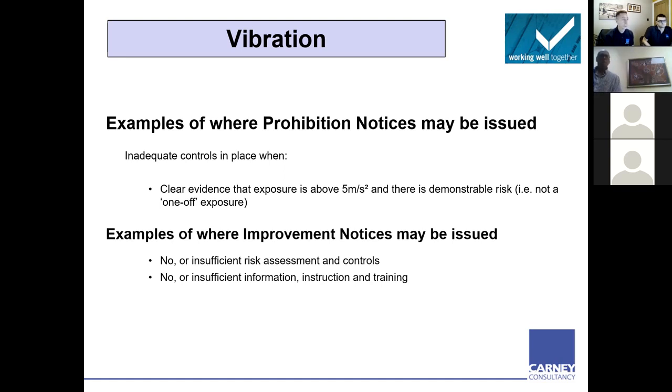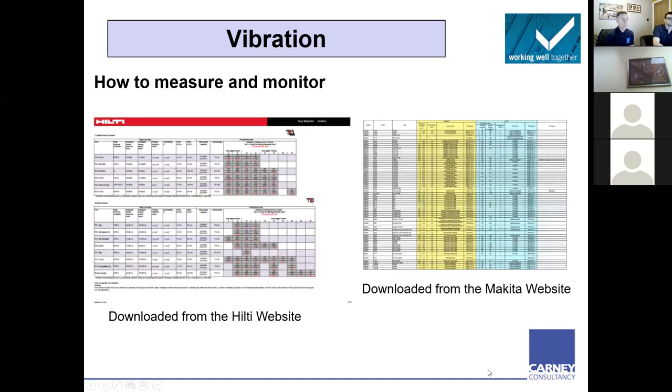So how do we go about measuring vibration? Vibration can be monitored and measured in varied ways, but we need a starting block. Every piece of equipment which vibrates will produce something called a vibration magnitude. The vibration magnitude is applicable to cordless drills, all the way up to whacker plates.